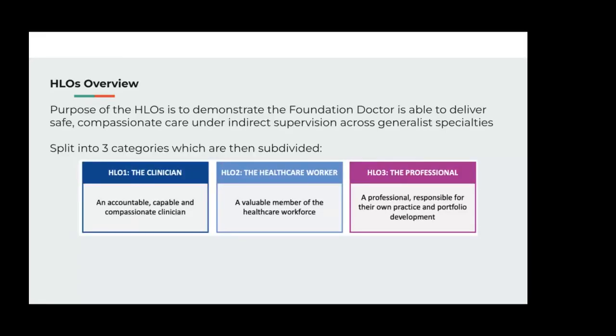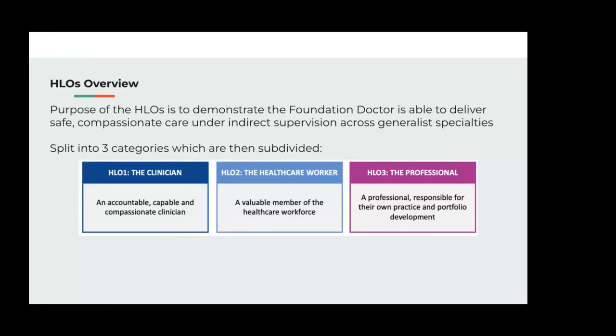Anything that you're doing that you think demonstrates good clinical skills ultimately should end up mapped into your HLO1. Anything that you think makes you look like you're thinking outside the box within a good team environment, and thinking about the system, should go into HLO2.